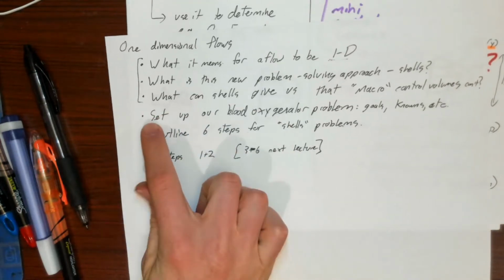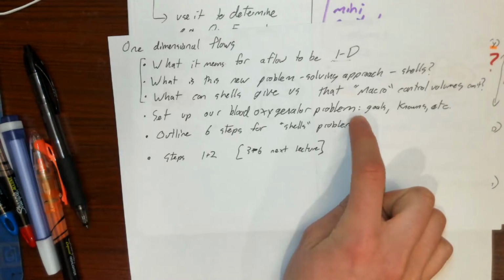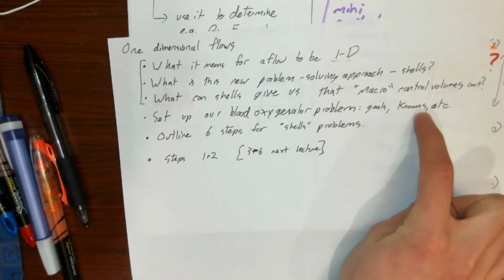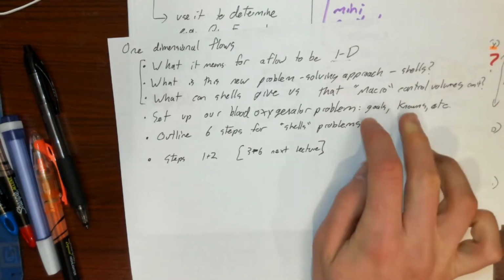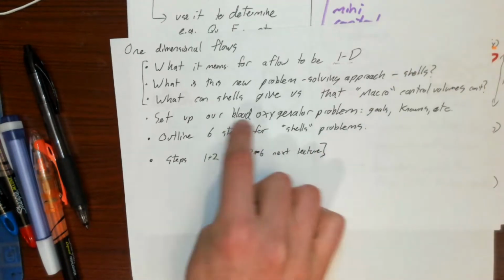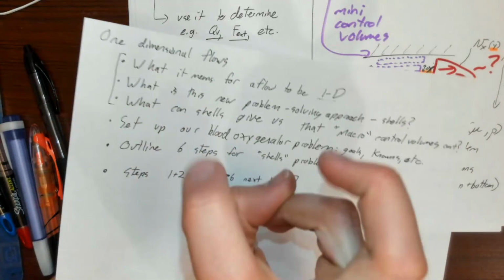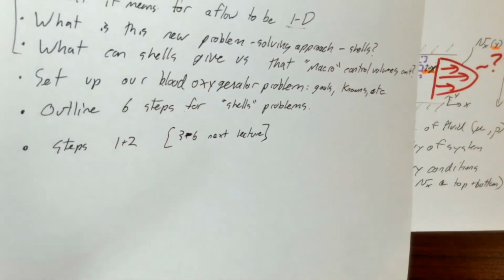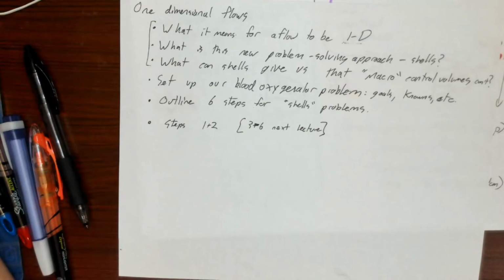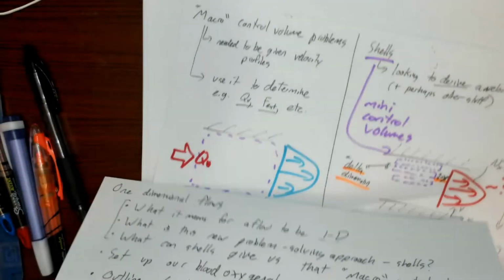Now let's proceed with setting up the specific problem that I prefaced at the start of this lecture, talk about some goals, talk about what information needs to be known, and we're essentially going to use shells to derive the velocity profile of the blood or fluid that was streaming down that inclined surface. So let's set up our blood oxygenator problem.